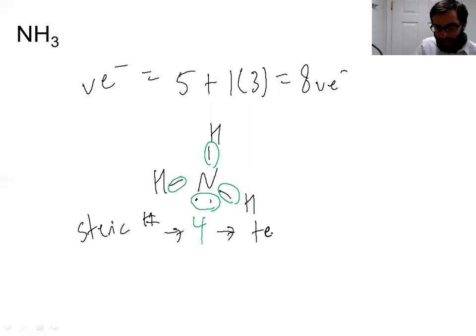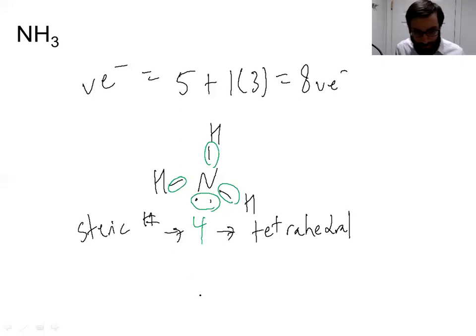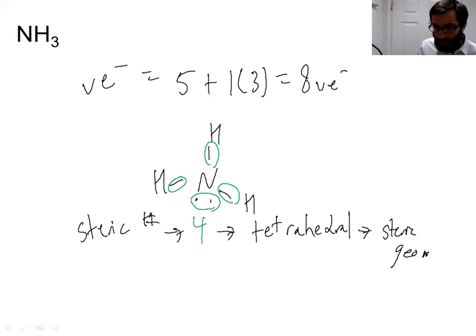That tells us we have a tetrahedral geometry. Okay, and that's the steric geometry, right? What we're really interested in is the shape of the molecule, which we also call the molecular geometry.